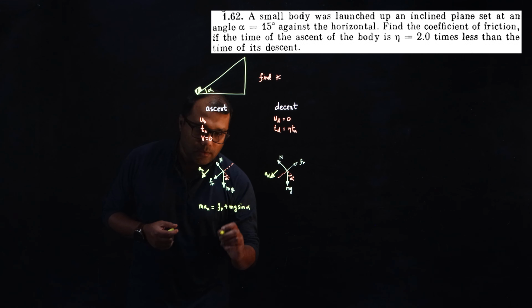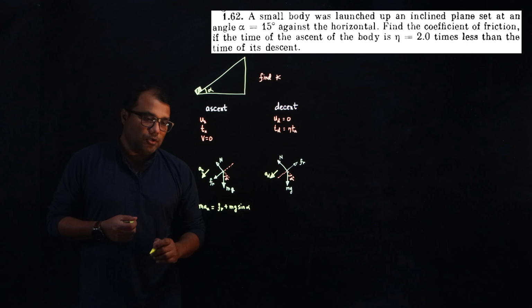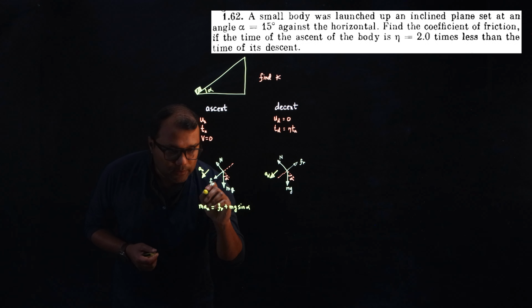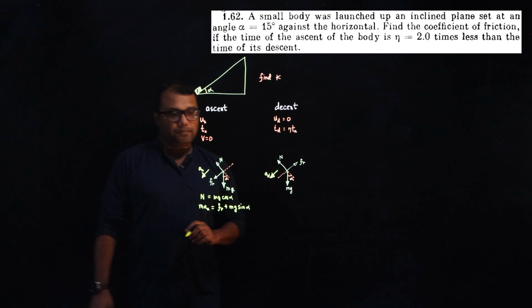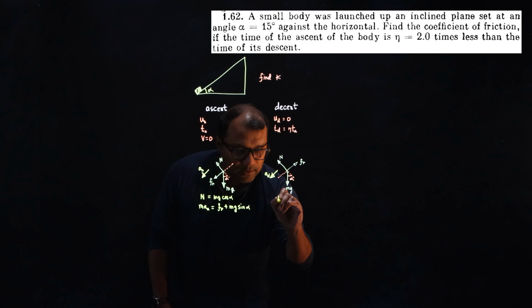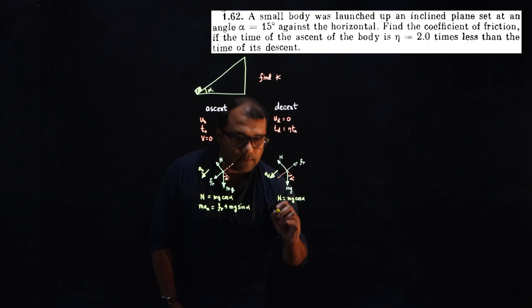And obviously N equals mg cos alpha, and in the descent case as well, N equals mg cos alpha.